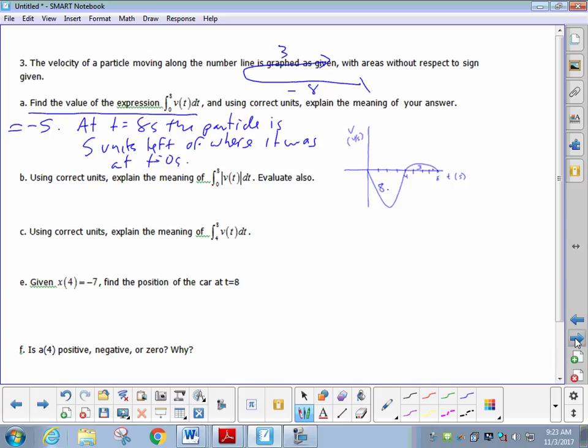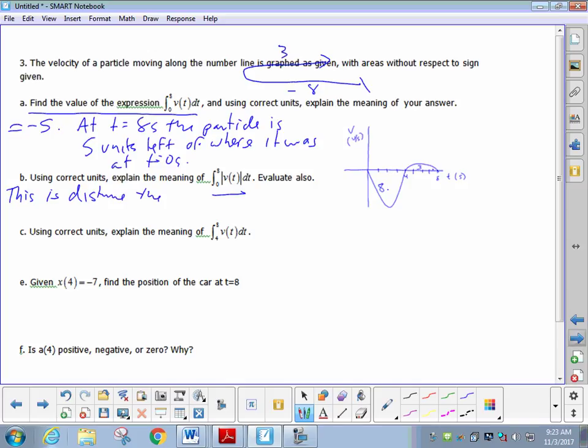Okay. Explain the meaning of this guy. First it says explain the meaning, so that meaning is this is the distance or displacement? Distance.